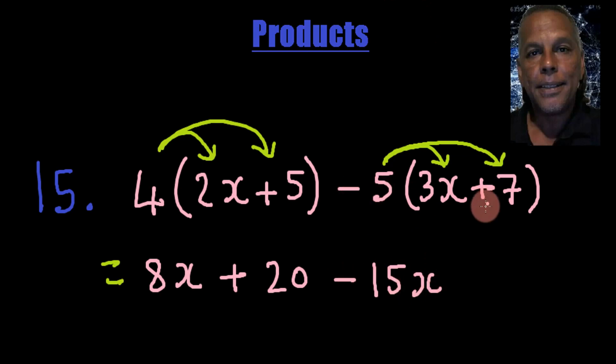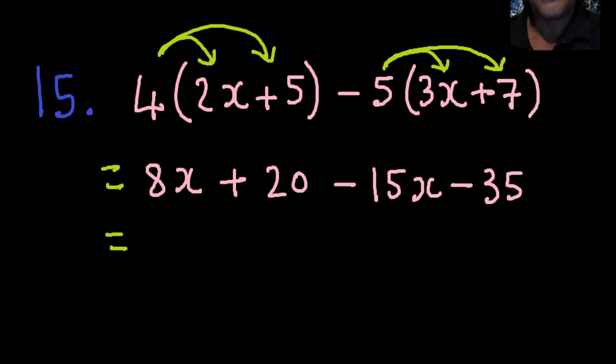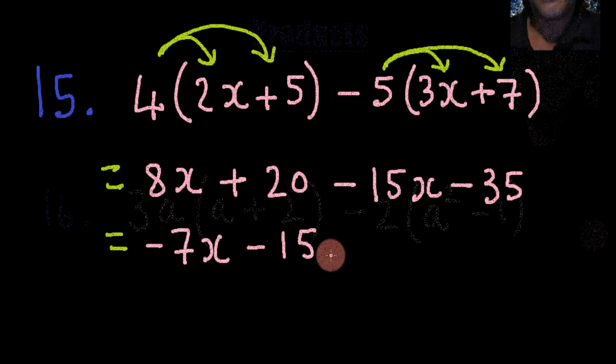Then a minus times a plus is a minus, so 5 times 7 is 35. Now we can add like terms. So 8x minus 15x is negative 7x, and 20 minus 35 is negative 15.